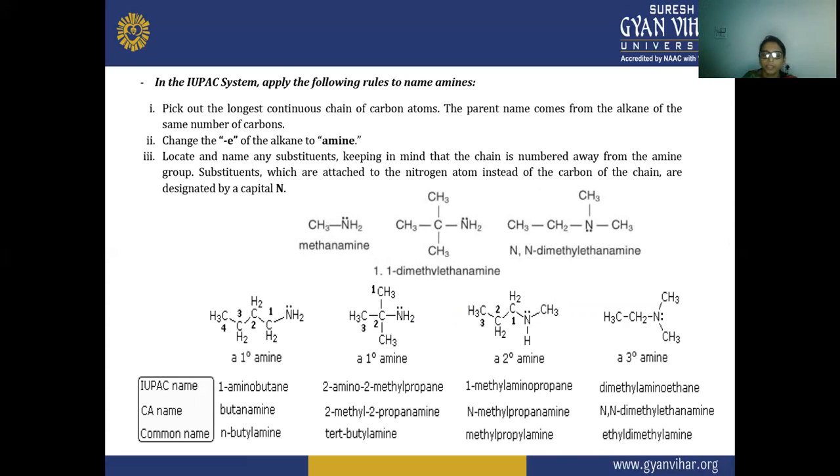Firstly, we have to pick the longest continuous chain of carbon atoms in the structure. After that, the parent name comes from the alkane with the same number of carbons. And here you have to change the E of the alkane to amine.